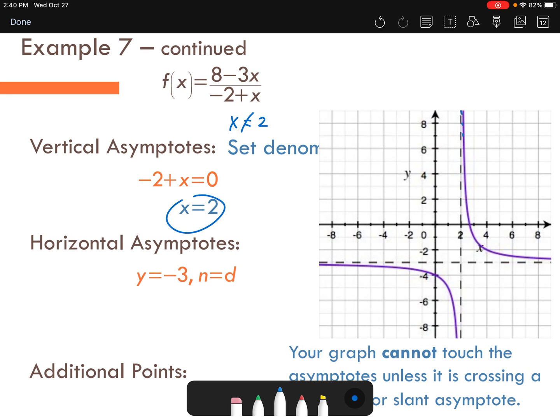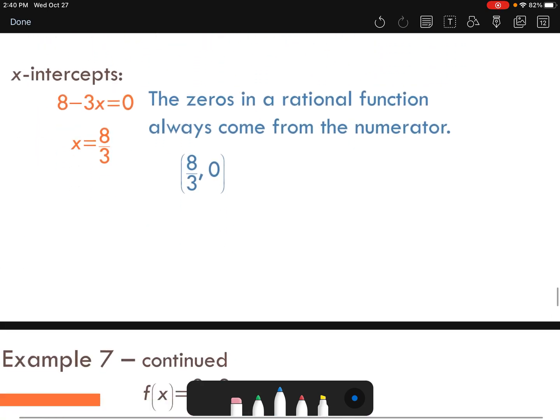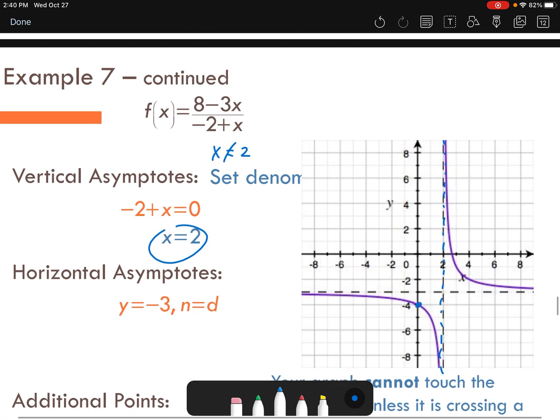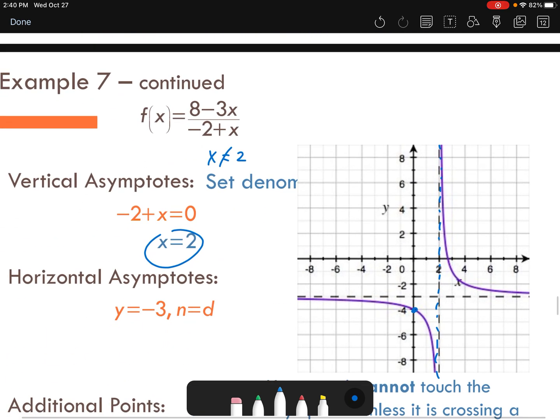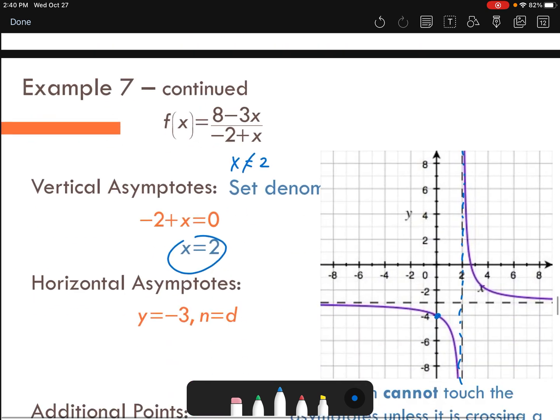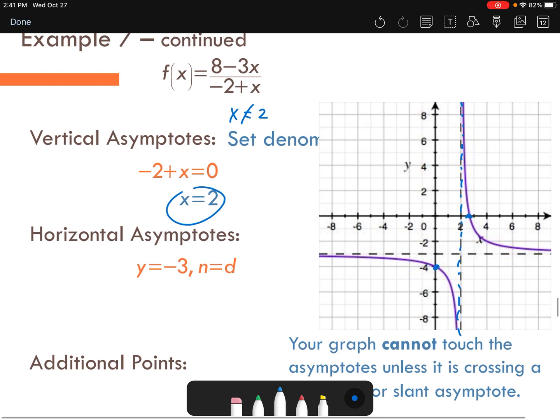So x equals 2 is our vertical asymptote. Our y-intercept was (0, negative 4), which is right there, and our x-intercept is (8/3, 0), which is (2 1/3, 0). So that's what we've got so far, and you can see the graph.